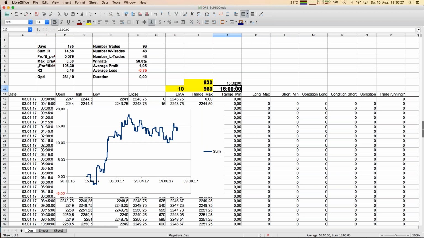So in total, my range period is 3 quarters, and this is exactly the market opening at the New York Stock Exchange. So we look for the first 3 quarters here of the S&P 500 when the market goes live, and then we trade the breakout.